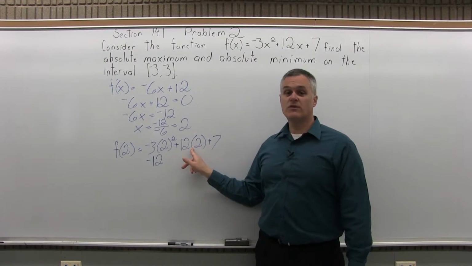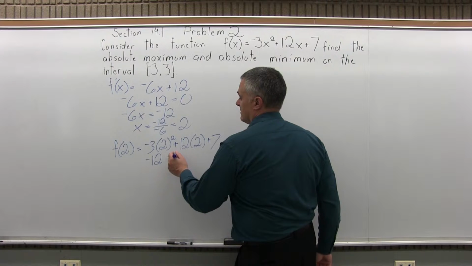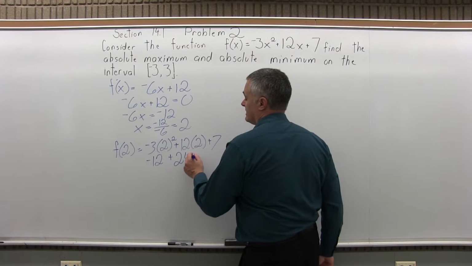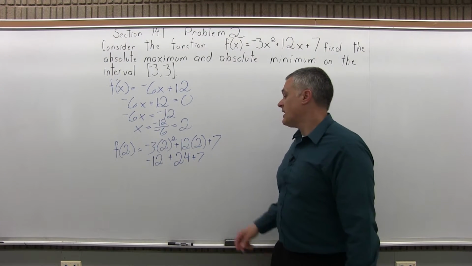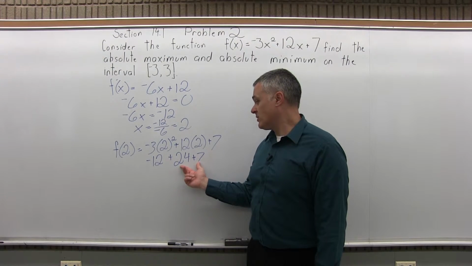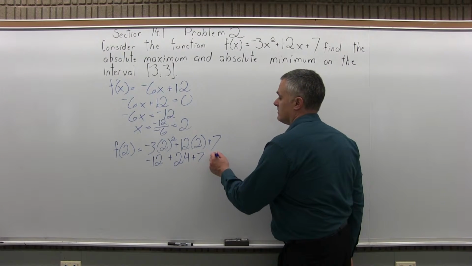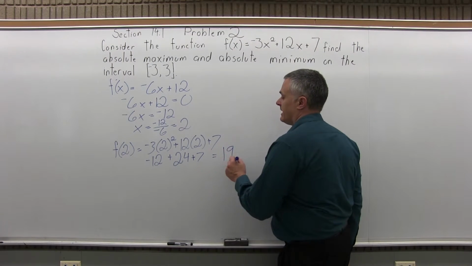And the next piece, 12 times 2 is 24. It's positive. And we have a 7 on the end. Now I have positive values of 24 and 7. Why don't I combine those? I'll have positive 31. So negative 12 plus positive 31 will be positive 19.